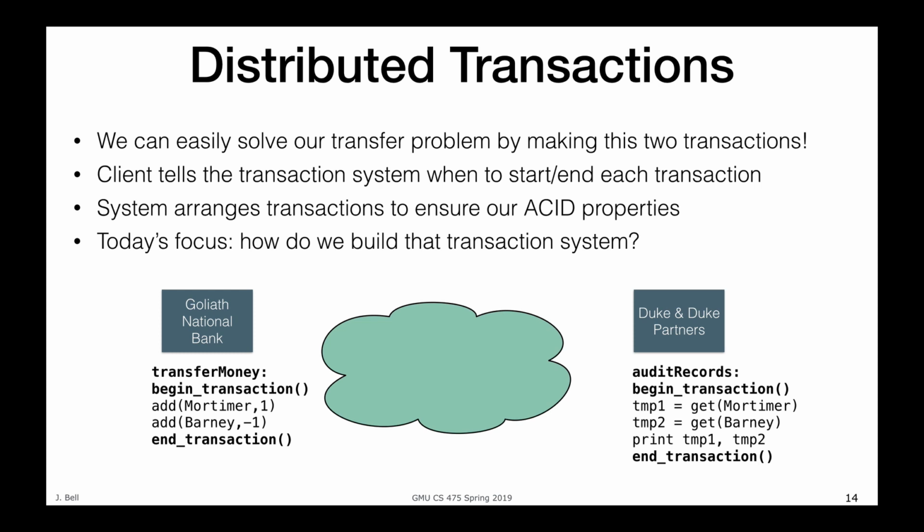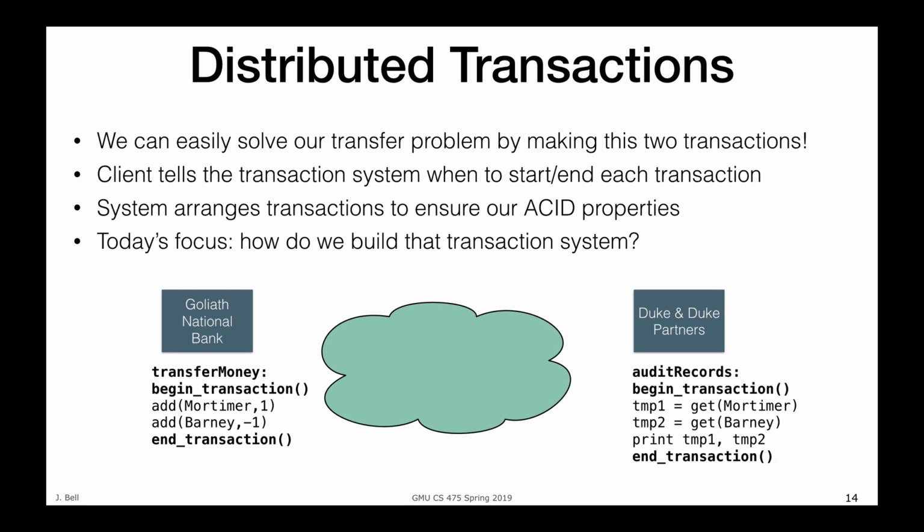So, of course, we're going to solve some of these problems using transactions. And then we're going to make more problems, because then we need to explain how the transaction system works. We'll use our same notion of transactions, where we wrap each transaction in a generic begin transaction, end transaction block.